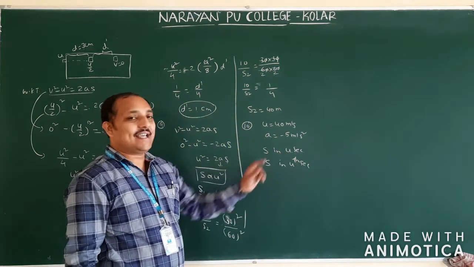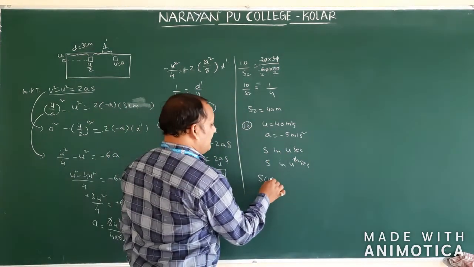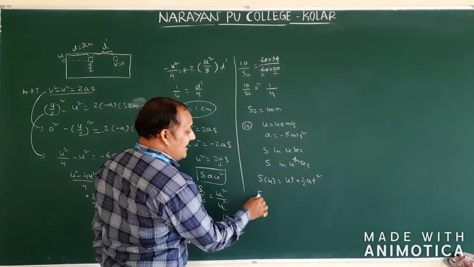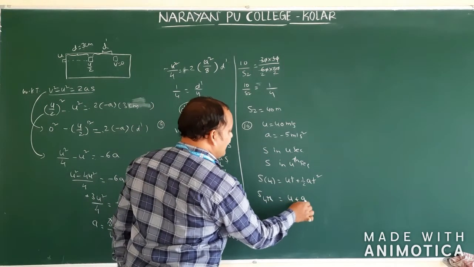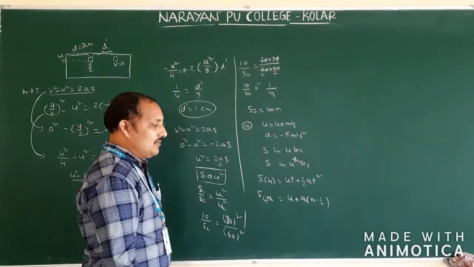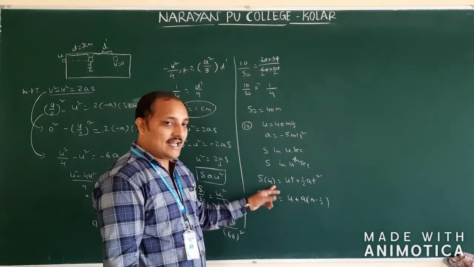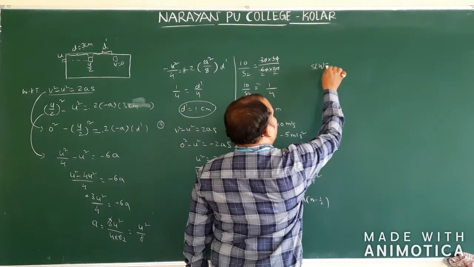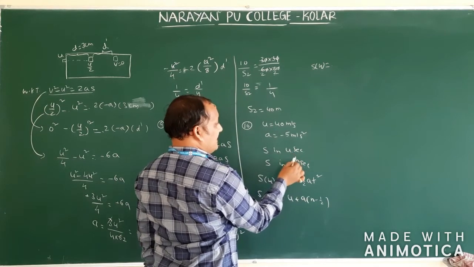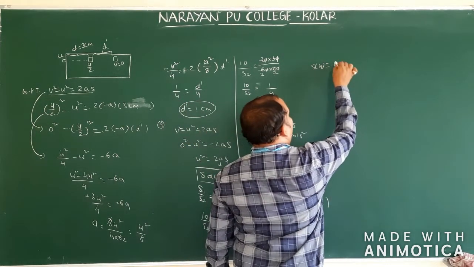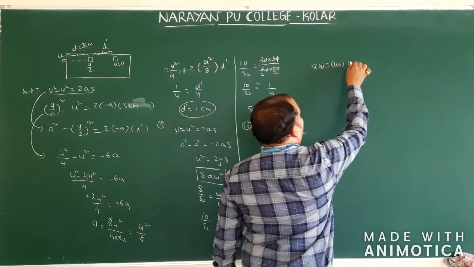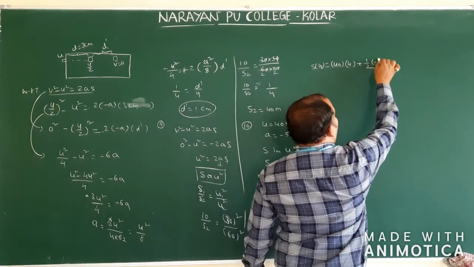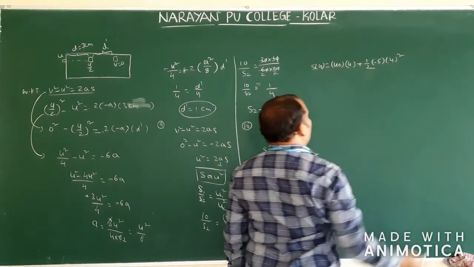Okay. So distance in 4 seconds formula. S equal to ut plus half at square. Distance in 4th second formula: u plus a into n minus 1 by 2. Correct only? This ratio they are asking. Ratio means first we have to substitute this equation. S4, distance in 4 seconds. u value how much? u value 40. 40 times 4, therefore, into 4 plus of a value how much? -5. t value 4 square.